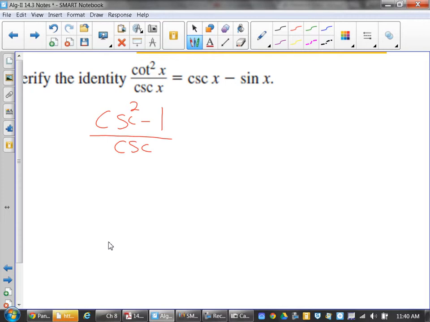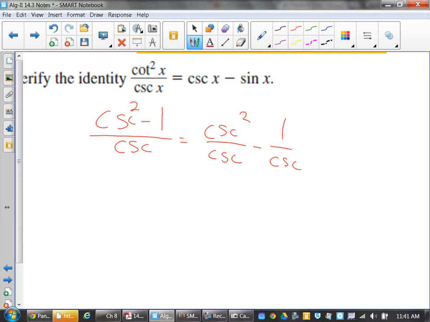What I'm going to do is break this into two fractions, undoing my common denominator. Cosecant squared over cosecant minus 1 over cosecant. Instead of a single denominator, I wrote it as two separate fractions.